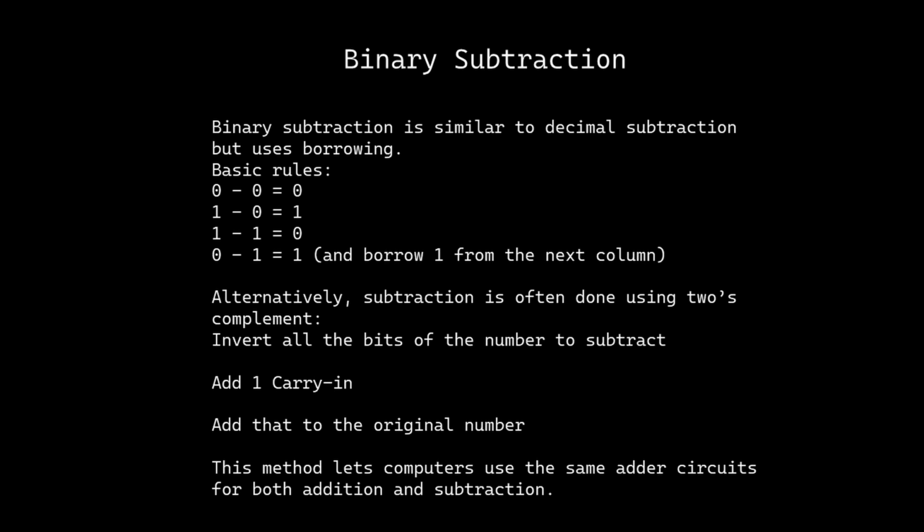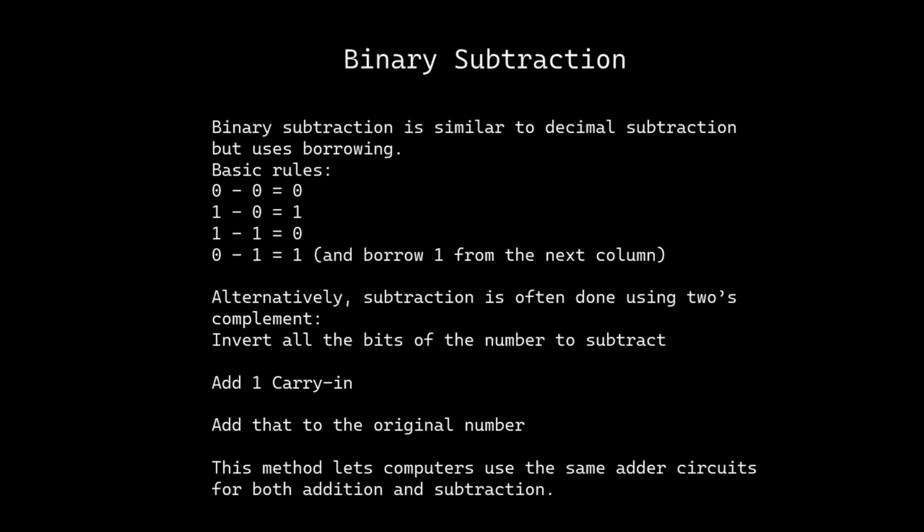Alternatively, the subtraction is often done using the 2's complement. Invert all the bits of the number you subtract. So if we make an adder A plus B, to make a subtractor we just invert B, add a 1 carry in at the beginning of our adders, and we add that to the original number.